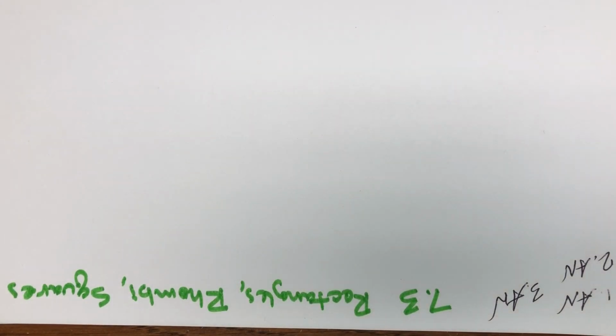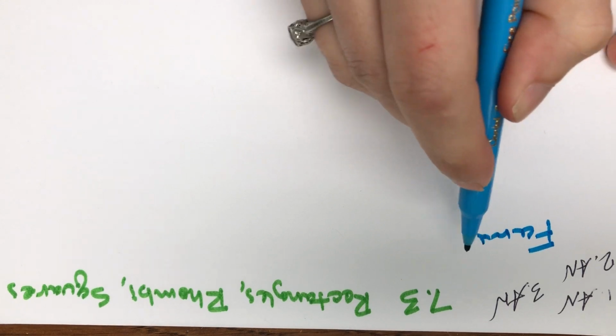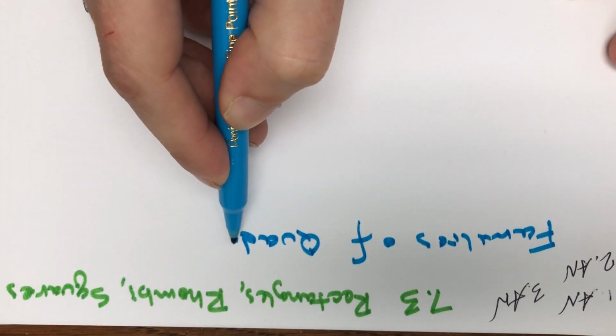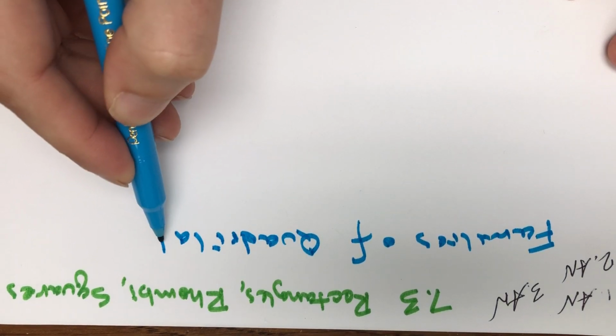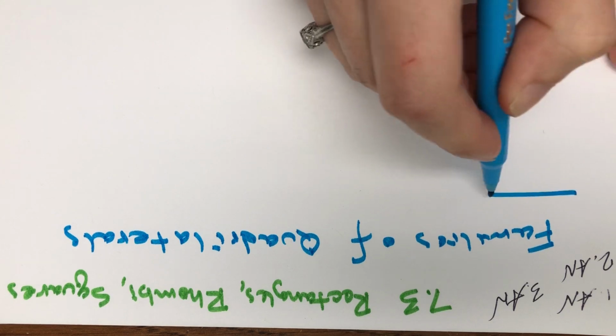Now let's do, with quadrilaterals, we have what is called the families of quadrilaterals. You have your just basic four-sided figures, right?